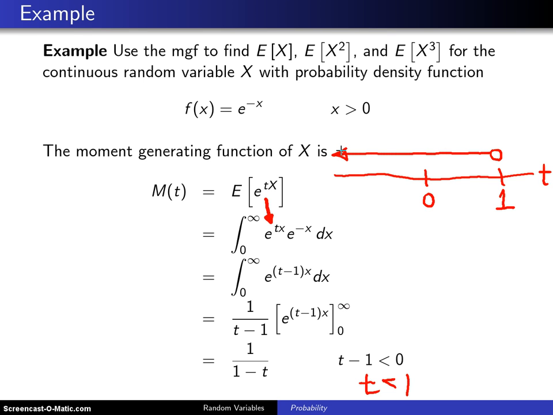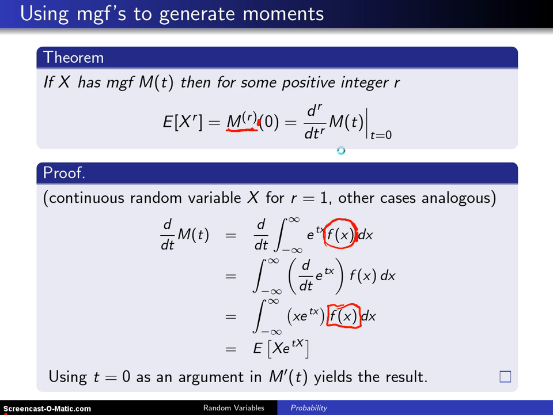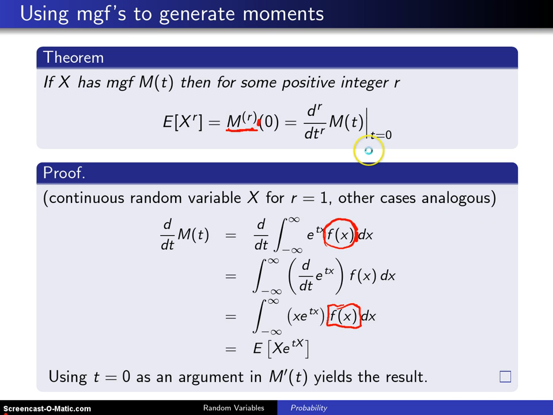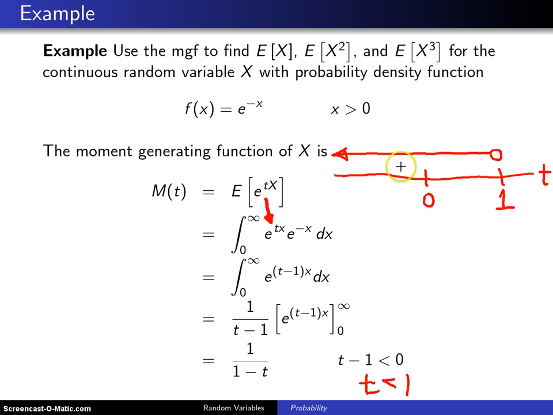If you go back to the definition of a moment generating function, and in fact I think I'll go back to that definition, you notice that it had to be defined on some interval between negative h and positive h. If that's the case, then we have a moment generating function. So back to this problem, we can pick any h we want. The way I've drawn it here, I've got an h of maybe 1/3 or so.